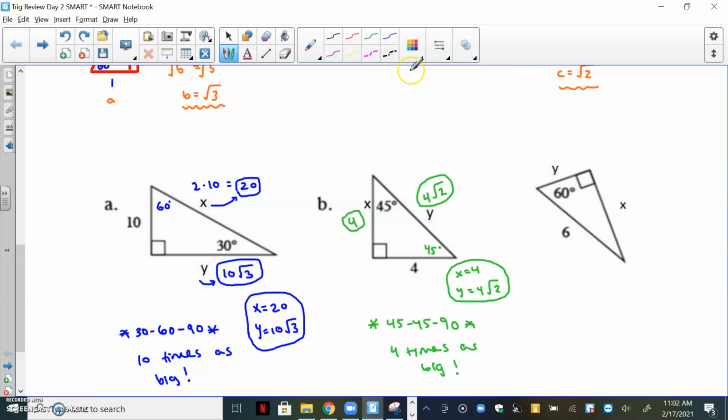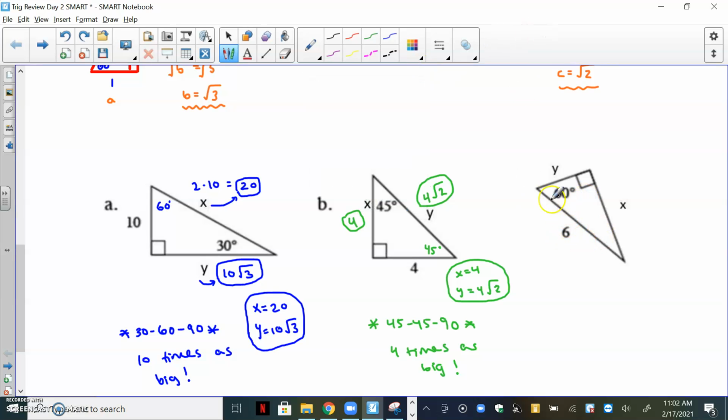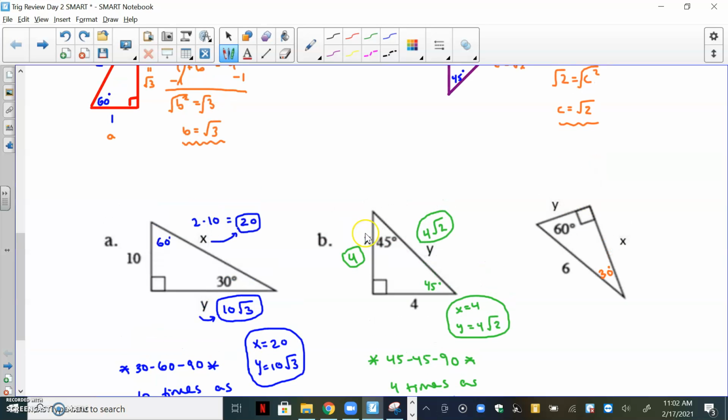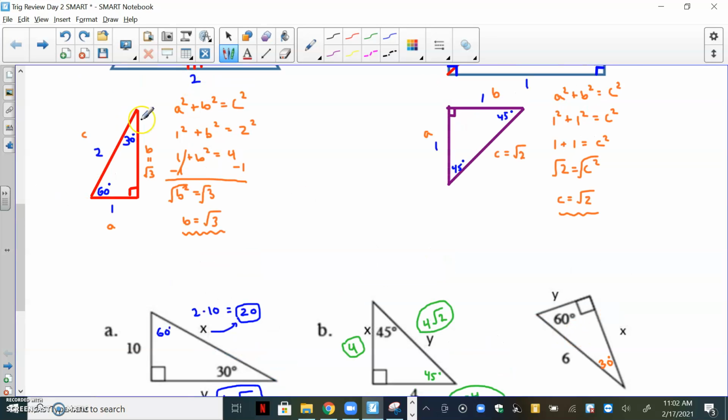All right, my last triangle. Now we have a 60 and a 90-degree angle. So we should know that this last one must be 30. And so we're working with the 30, 60, 90. Now, in this one, we've been given the long side, which is 6. In the original 30, 60, 90 triangle, the long side was 2.